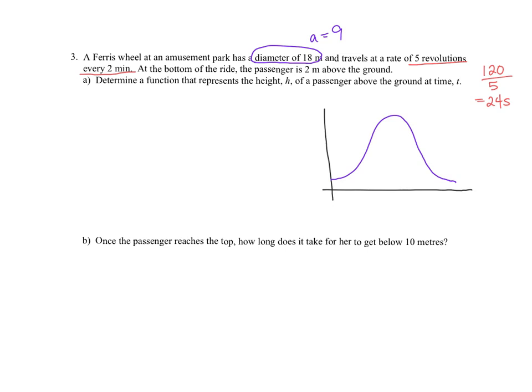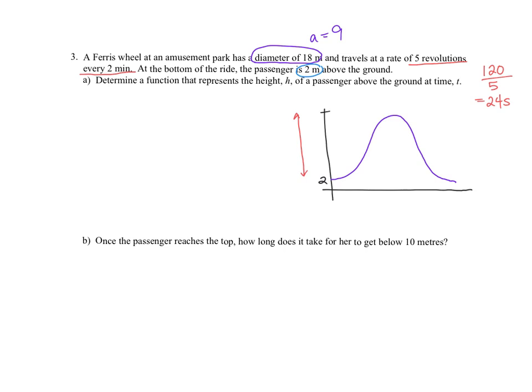And I know at the bottom of the ride, the passenger is 2 meters above the ground. So I know that's going to be the lowest spot on my graph, is 2 meters. I know that my entire diameter of the Ferris wheel is 18.